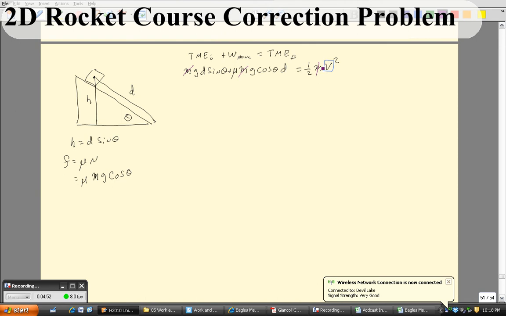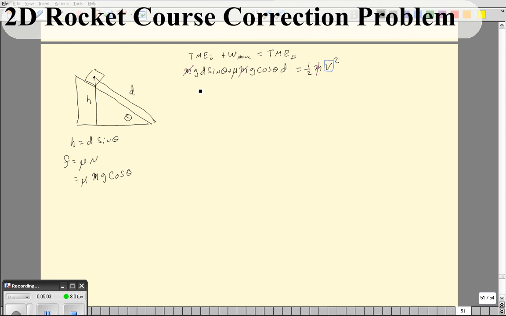m's cancel out, and we're going to bring the 2 over here, or even before we do that, let's do a little algebra, a little factoring out here. There's a g and a d in both terms, so we're going to factor out the g and the d. So that leaves you with times sine of theta plus mu cosine theta.